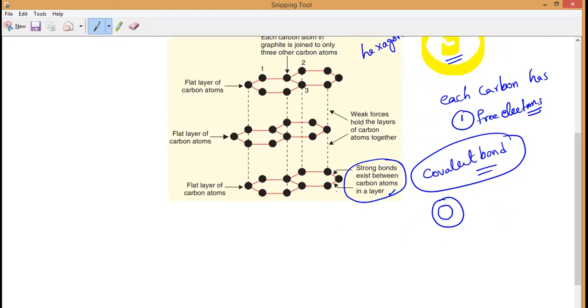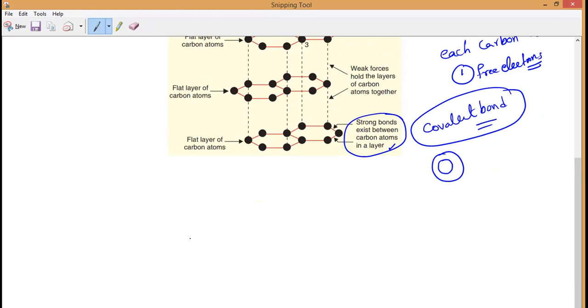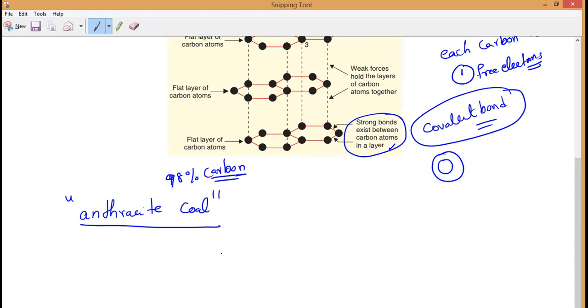Now, graphite we can even prepare artificially from coal. So how to prepare graphite from coal? If you want to prepare graphite, basically we have to choose anthracite coal. This is one of the hardest and toughest coals, containing the highest percentage of carbon, around 98%. How much percentage will be there? 98% of carbon.